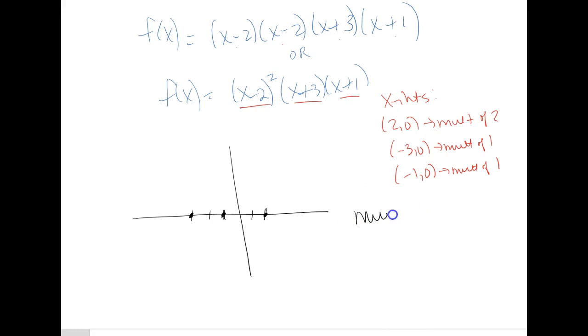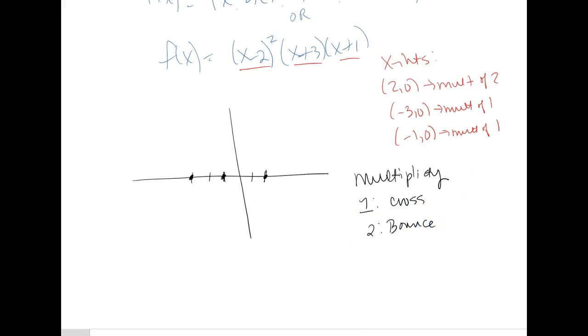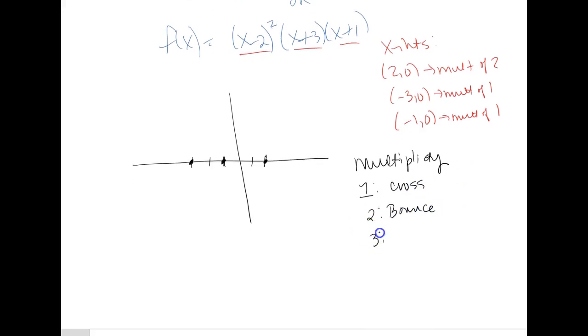Let me take a minute to write down the rules of multiplicity. If you have a multiplicity of 1, you just cross through the axis. A multiplicity of 2, you do what's called a bounce. You'll see me demonstrate that in a second. If one of these had a multiplicity of 3, meaning an exponent of 3, you would flatten out as you cross.